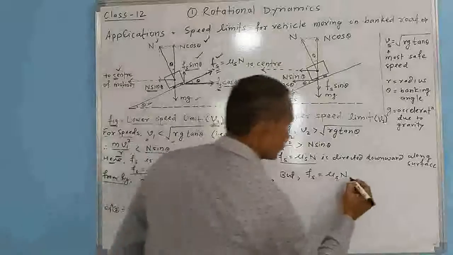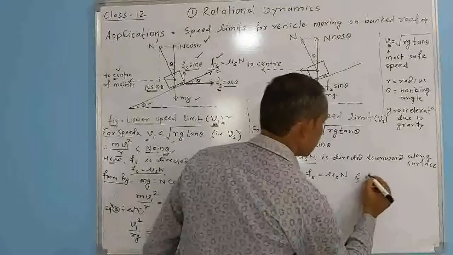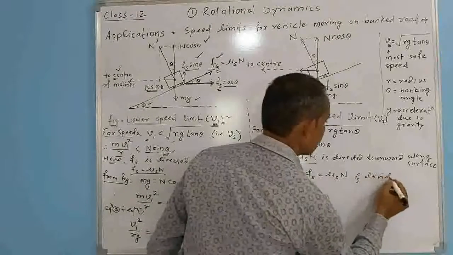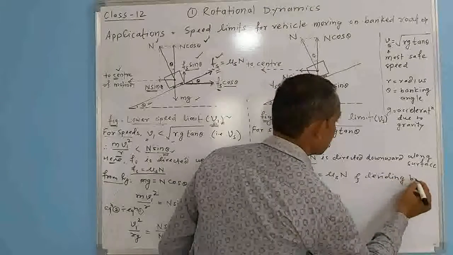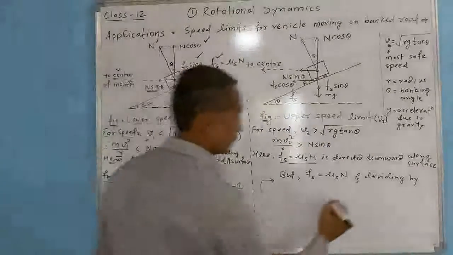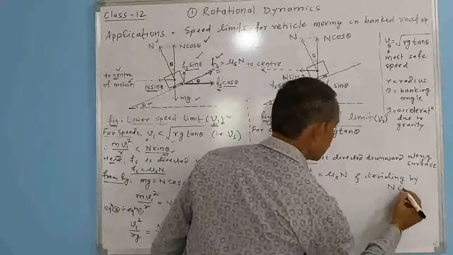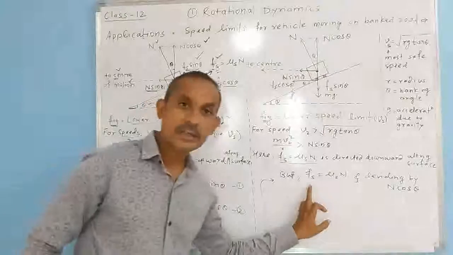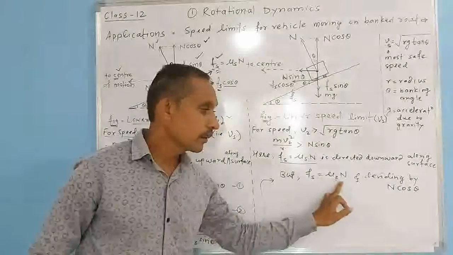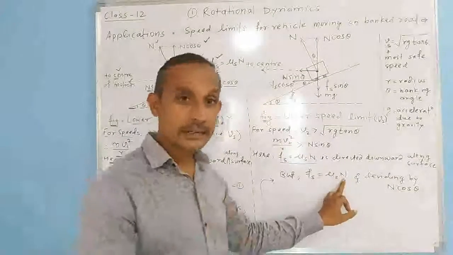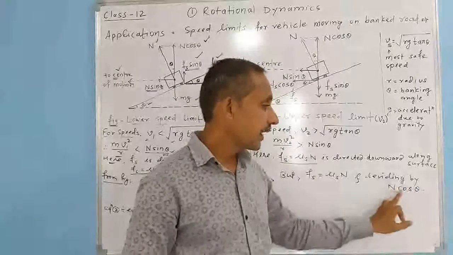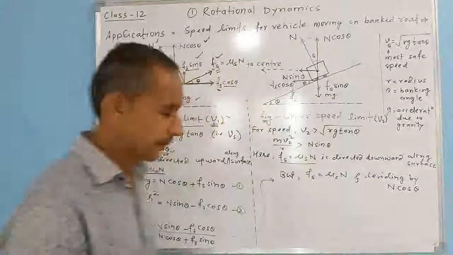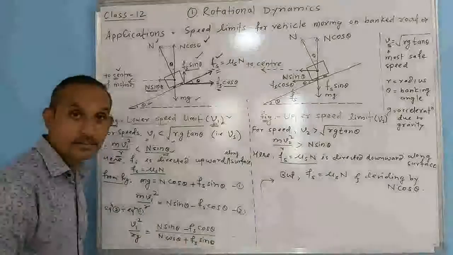Therefore, considering Fs is equal to mu s N, we divide by N cos theta at the right hand side.